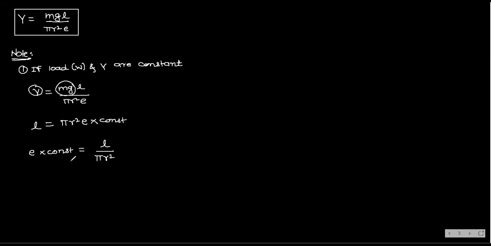Again this pi is constant. So can I say directly that E is directly proportional to L by r square? E is directly proportional to L by r square, as pi is constant.